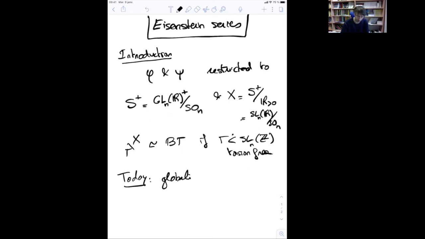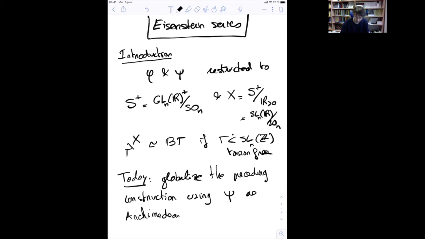Globalize the preceding construction, using psi as Archimedean test function.